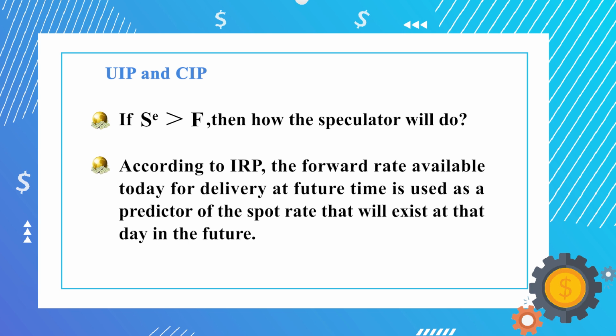That's why the forward rate available today for delivery at a future time is used as the predictor of the spot rate that will exist on that day in the future. According to uncovered and covered IRP, the forward rate available today for delivery at a future time is used as a predictor of the spot rate that will exist on that day in the future.